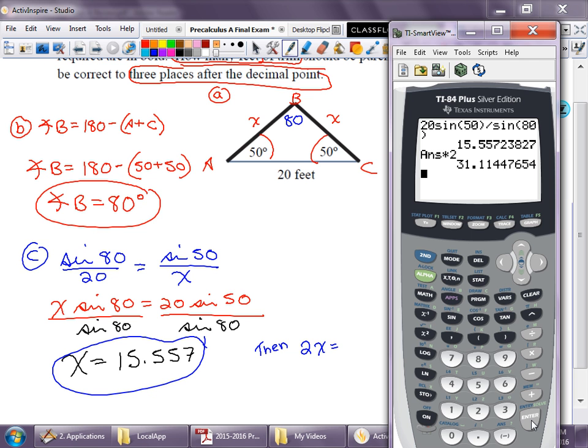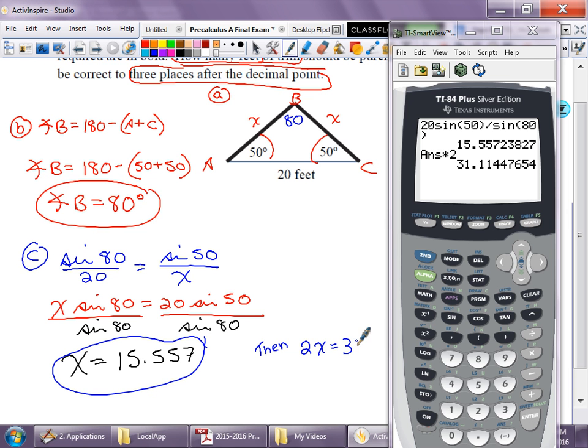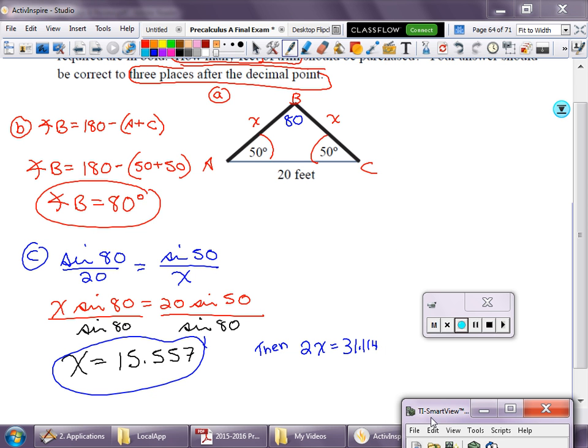And 2x is equal to 31.114 feet of trim. And this is your answer.